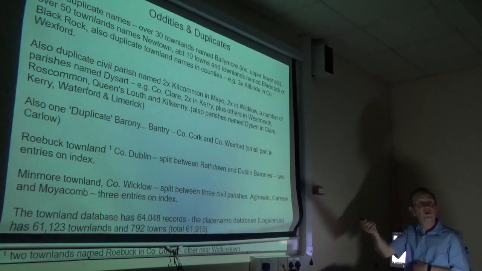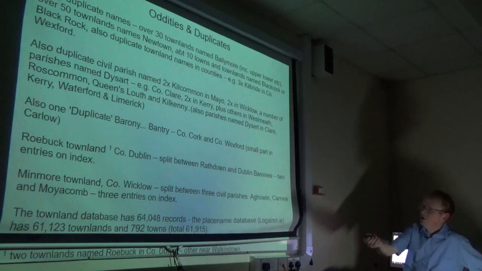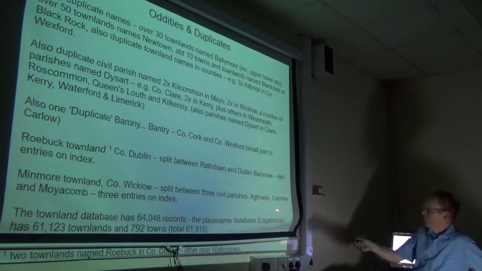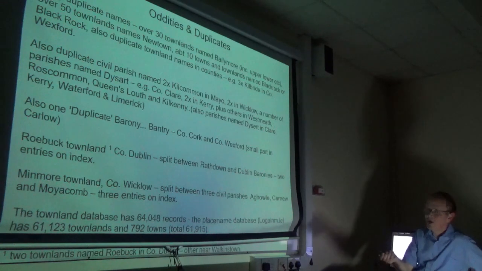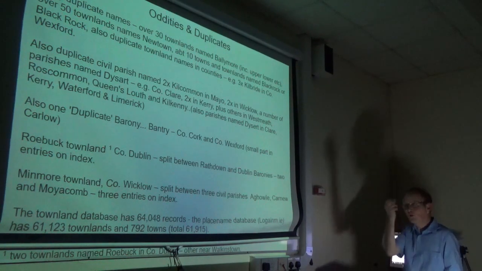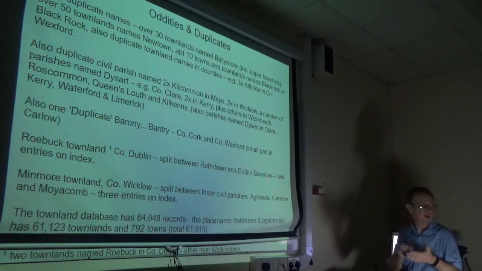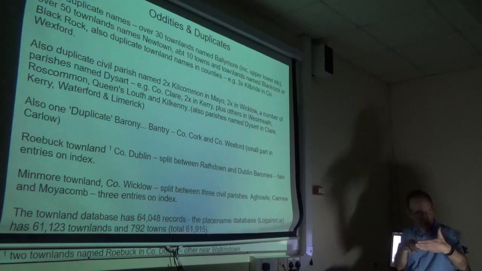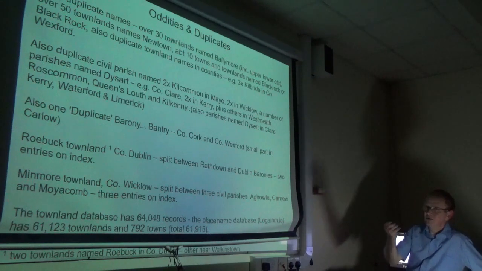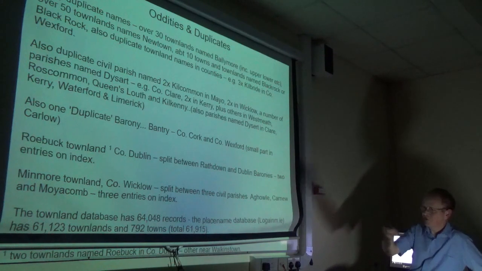It's the little bit down near Donnybrook Bus Garage. Minmore Townland in Wicklow is split between 3 civil parishes and has 3 entries on the index. So if you typed in Minmore, you'd think there were 3 Minmores. There's actually 1, it's just split across parishes. There's a link I'll mention later on which helps you sort these out.